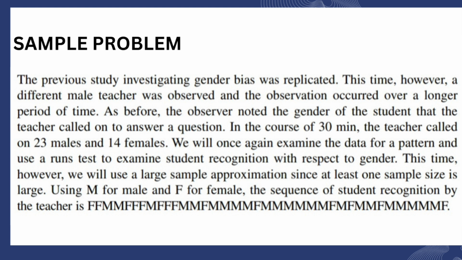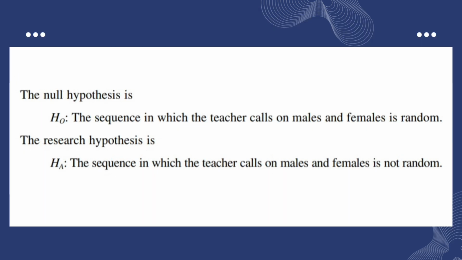Over a 30-minute period, the teacher called on 23 males and 14 females. So, ato ang N sub 1 which is 23 and ato ang N sub 2 is 14. The sequence of student recognition is provided by the data below.